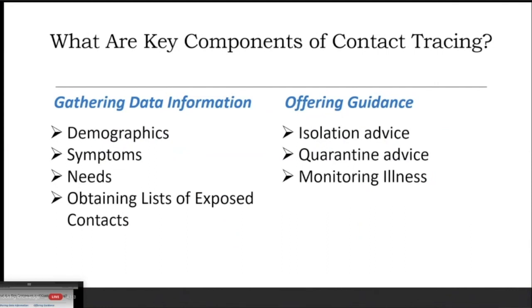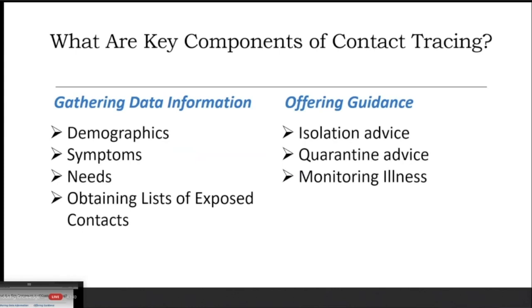So what are some key components of contact tracing? Well, it's incredibly important that we gather accurate information effectively and offer accurate guidance. We gather demographic data such as age, gender, race, and location. We want to know what symptoms people are experiencing. When did they become ill and how ill?